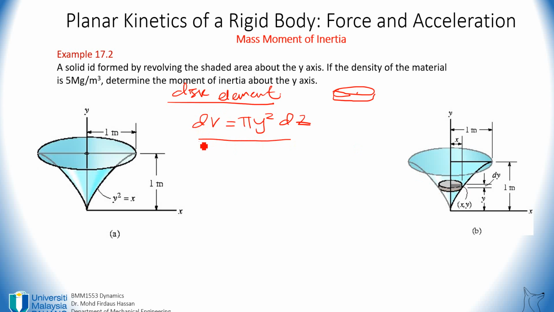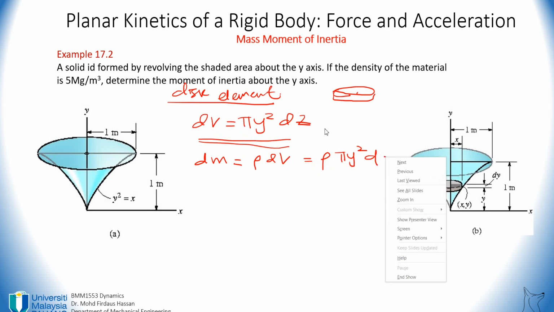What you can say is that the mass for this disk element is equal to rho dv, and dv is rho pi y square dy.